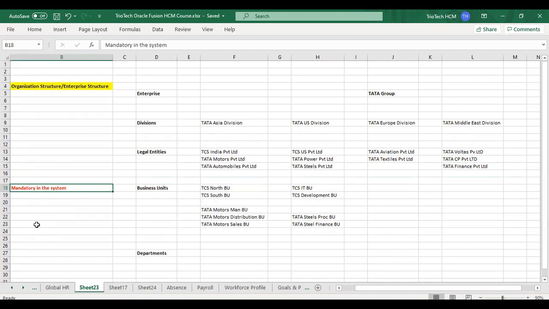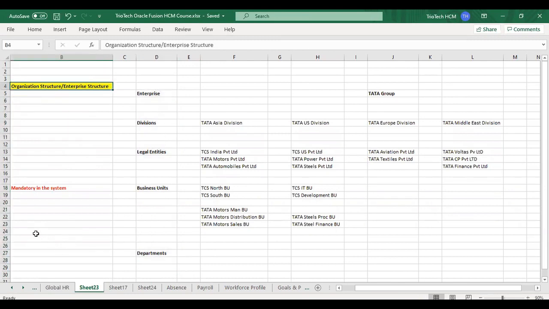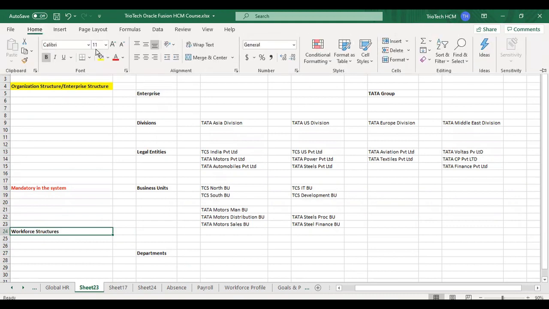Why? I will tell you. Basically, how we have the organization structure or the enterprise structure in the Fusion system, we have one more structure, which we have to talk about after this. There is something called workforce structures. We have some other structures called workforce structures.